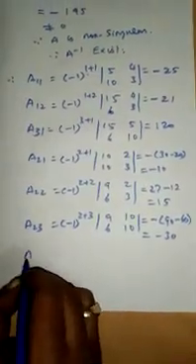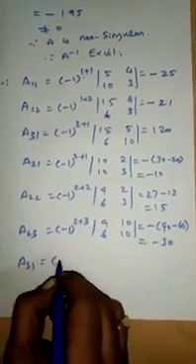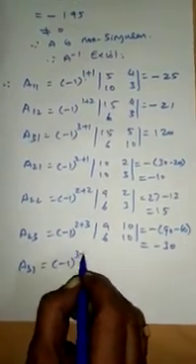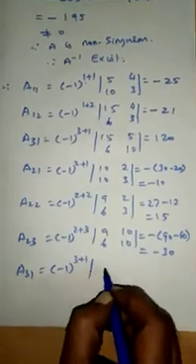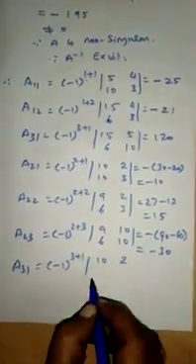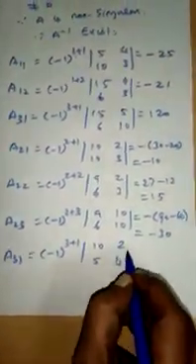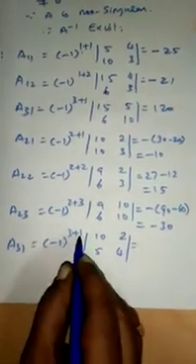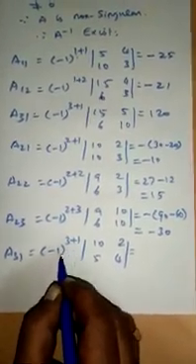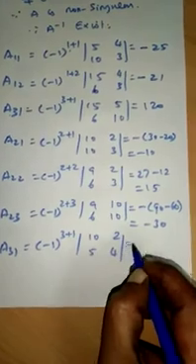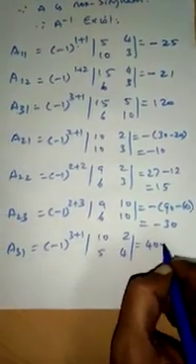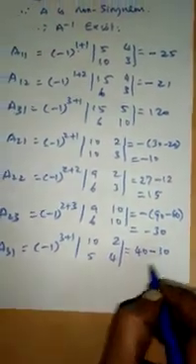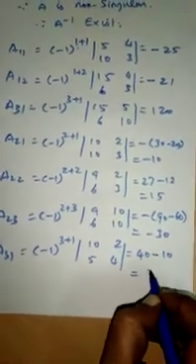A31 is equal to minus 1 power 3 plus 1 and its minor is 10, 2, 5, 4. 3 plus 1 is 4, minus 1 power 4 is plus, cross multiplying we get 40 minus 10, that's equal to 30.